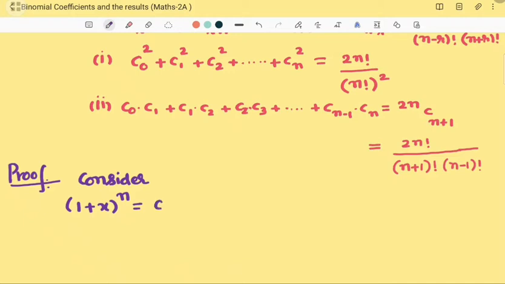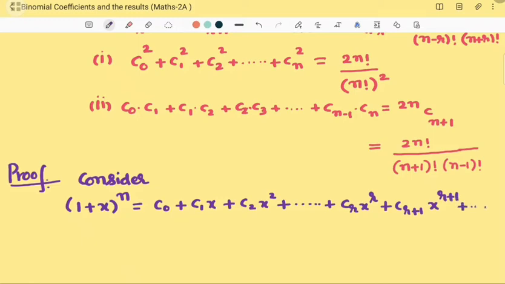This we know: C0 plus C1x plus C2x square plus and so on Cr x power r, Cr plus 1 x power r plus 1 plus and so on Cn minus r x power n minus r plus Cn x power n.